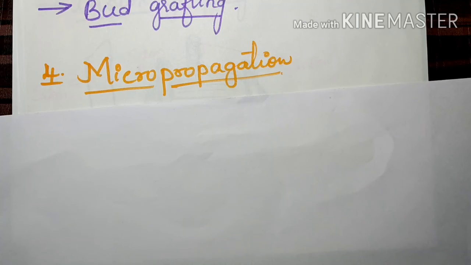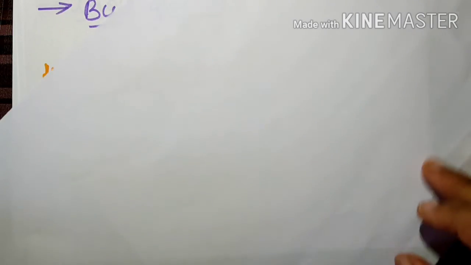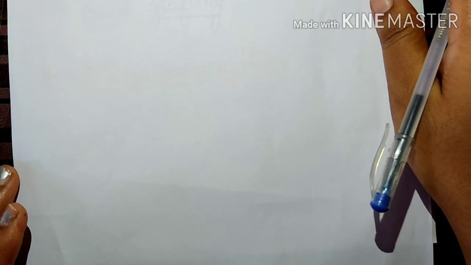In today's class, we studied vegetative propagation. The types of vegetative propagation include natural and artificial methods. In the natural method, we studied propagation by roots, stems, leaves, and turions and bulbils.